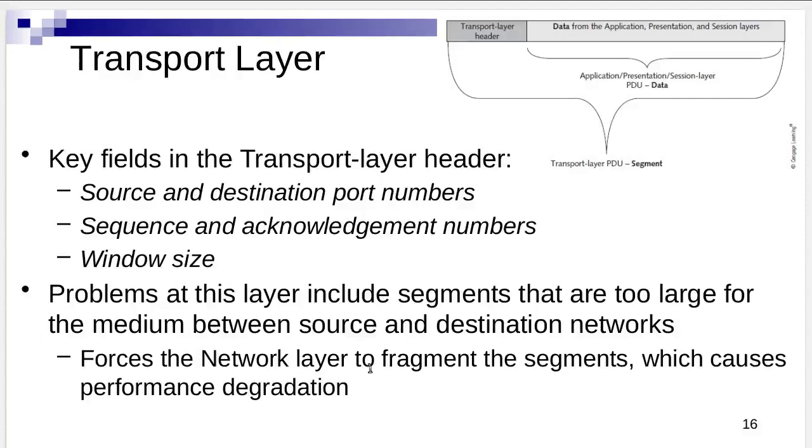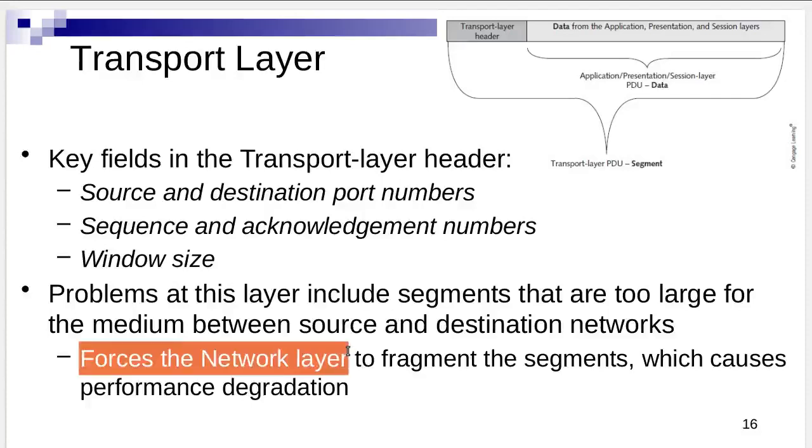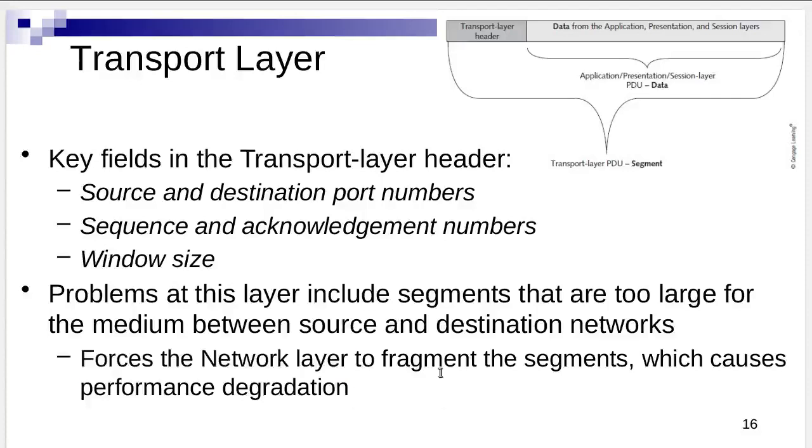One thing you can do is force the layer below, the network layer, to fragment the segments, and usually it causes unexpected performance degradation. You can also do this at the transport layer as well, but you cannot foresee what the maximum transmission unit size is, and so sometimes you do have to rely on the network layer to break that segment up into smaller pieces, resulting in slower than expected transmission.